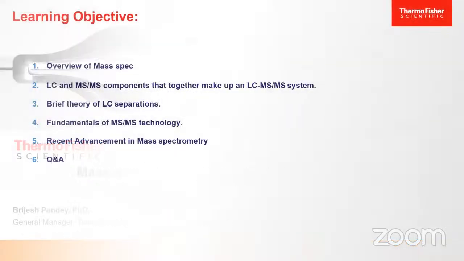So I've been given the job to talk about the mass spectrometer made easy for hematologists. I'm going to discuss a brief overview of the mass spectrometer, the different components of a mass spectrometer, a brief theory of LC, which probably all of us know, and the fundamentals of mass spectrometry, and then my emphasis will be more on recent advancements in mass spectrometry.